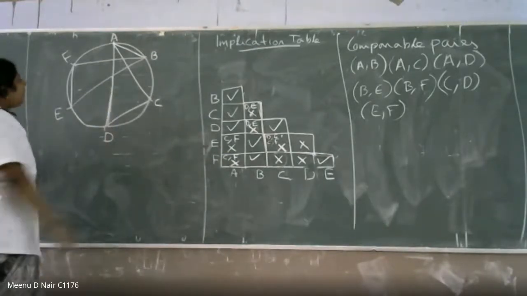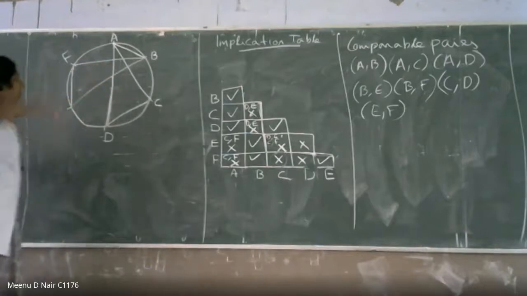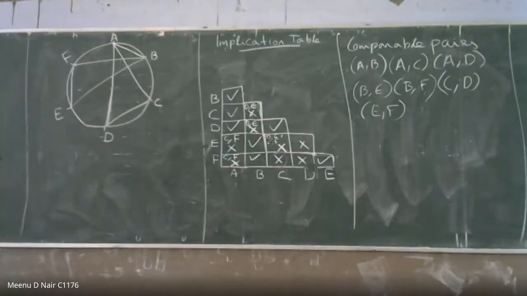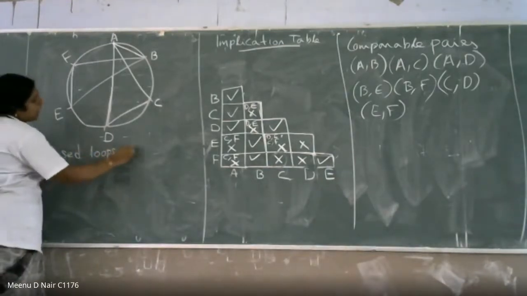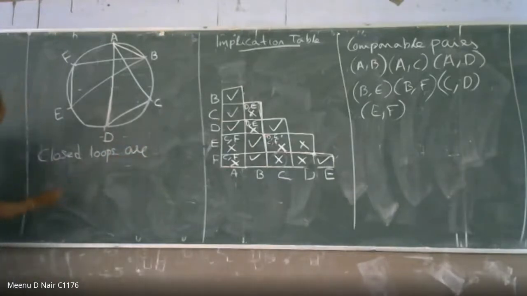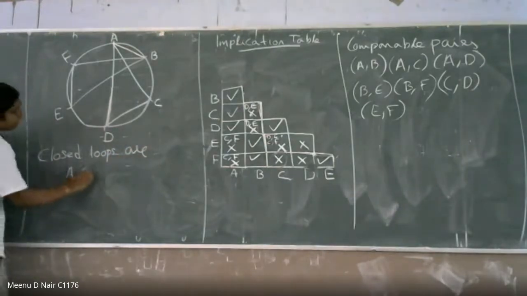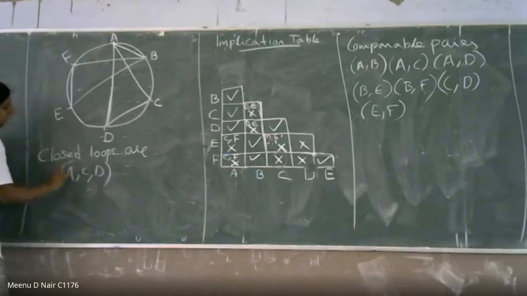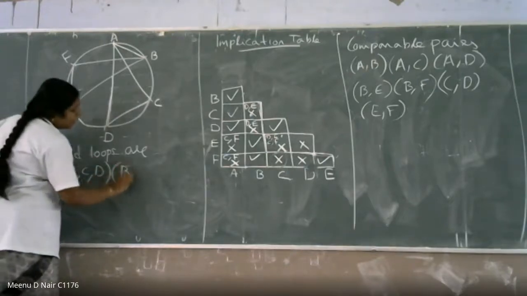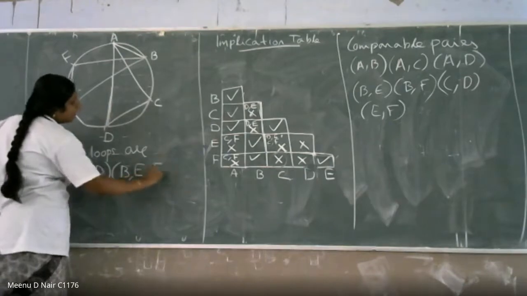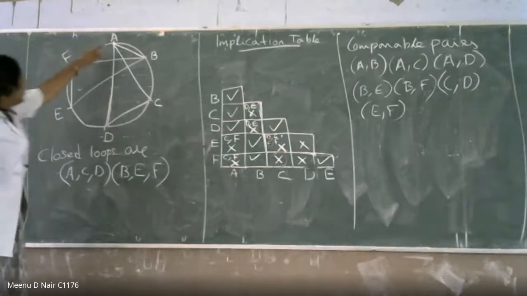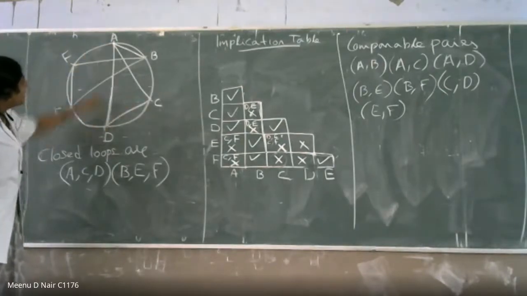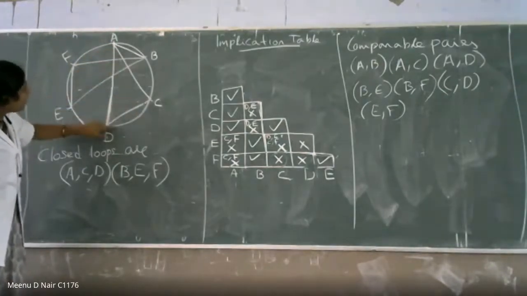Okay, so how many closed loops do you have? The closed loops are A, C, D and B, E, F. A, C, D is one closed loop.